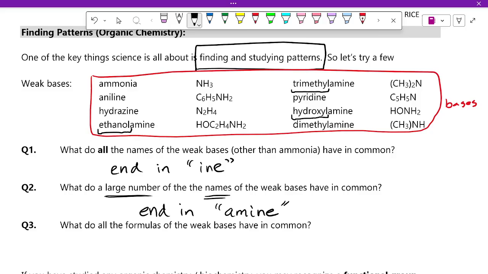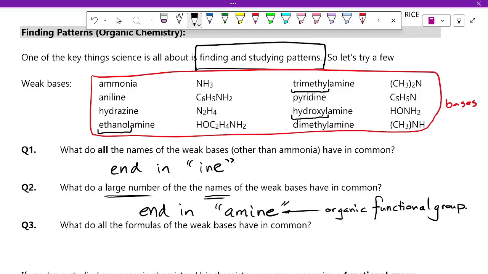So an amine is a type of organic functional group. Don't worry, we'll talk about what a functional group is in a moment. Again, you are not responsible for knowing what a functional group is, but it will help inform you about why these things are all bases.